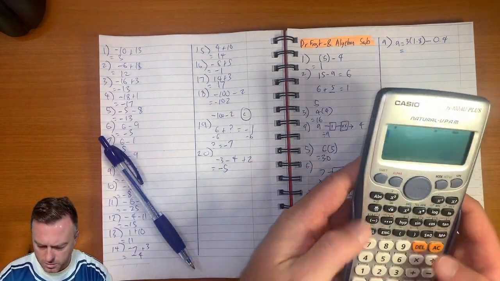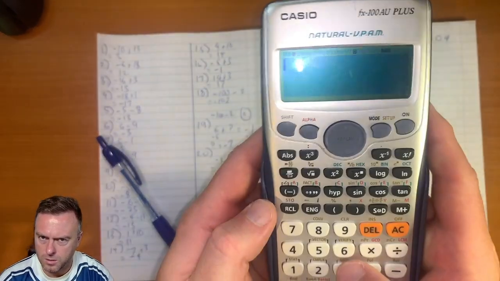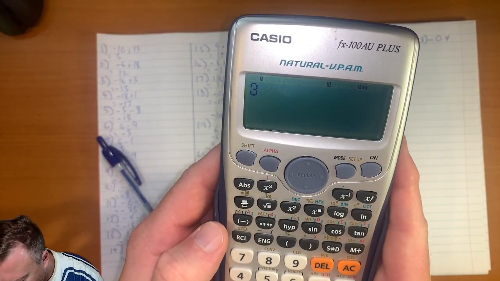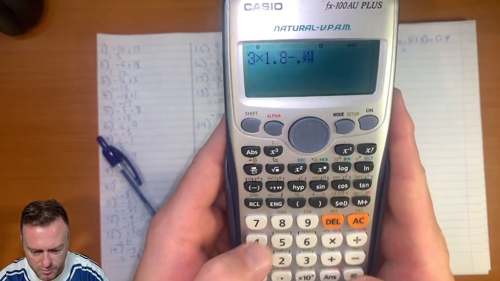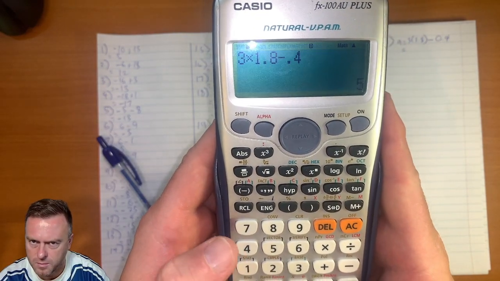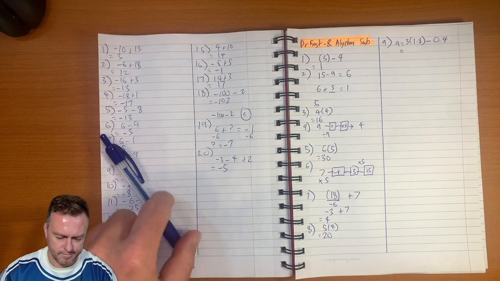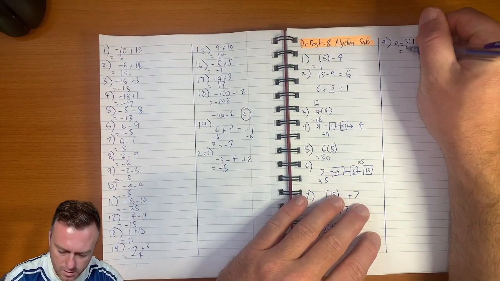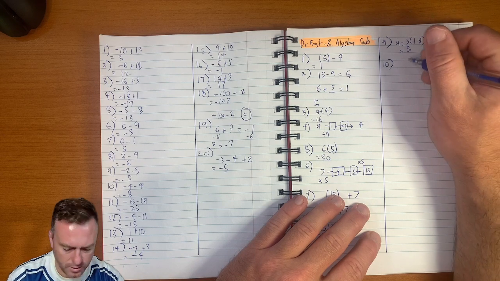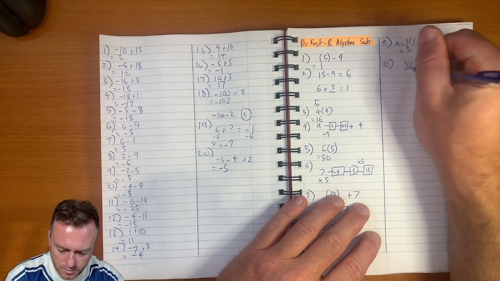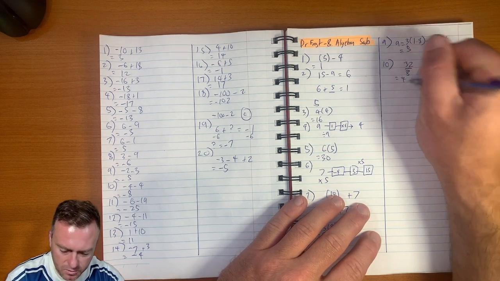Here we go, we'll go 3 times 1.8 minus 0.4. And we get 5. 10. 32 divided by 8, which just equals 4.